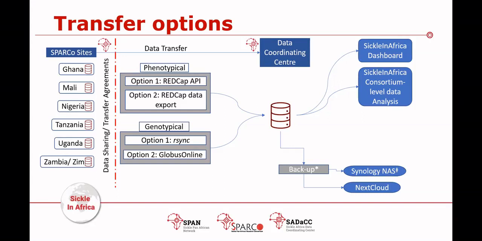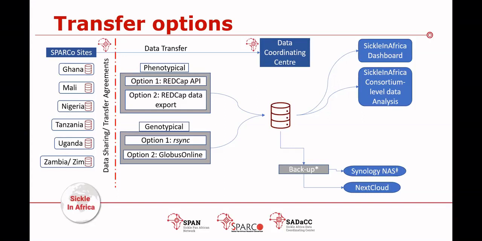Genotype data: Unix or Ubuntu servers have a command line tool that allows you to copy big numbers of files across drives, across the network, etc. The other option is Globus Online, and that's our preferred option.